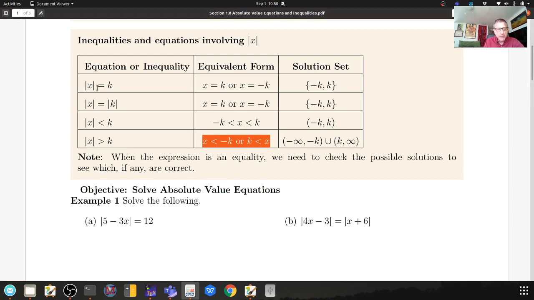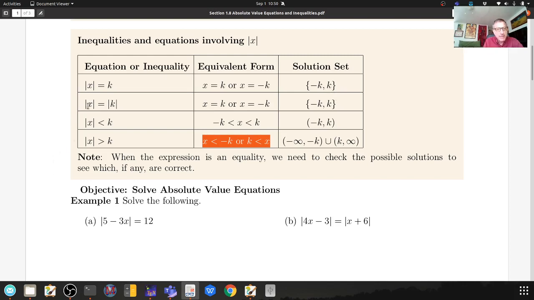So if the absolute value of x is equal to some number k, then we have that x is equal to k, or x is equal to minus k. And our solution set is a set with two numbers. This is not an interval. This is a set with two elements, minus k and k.